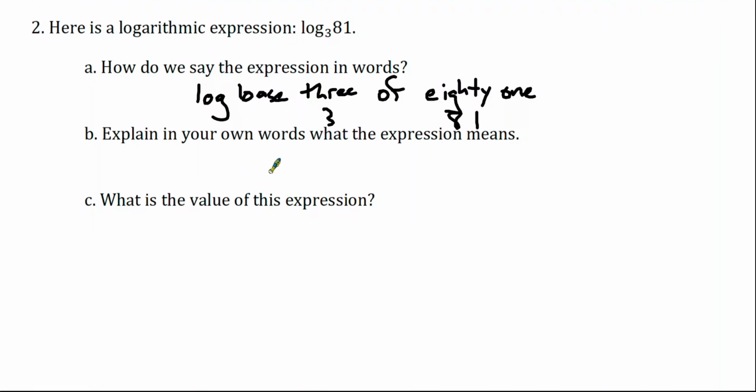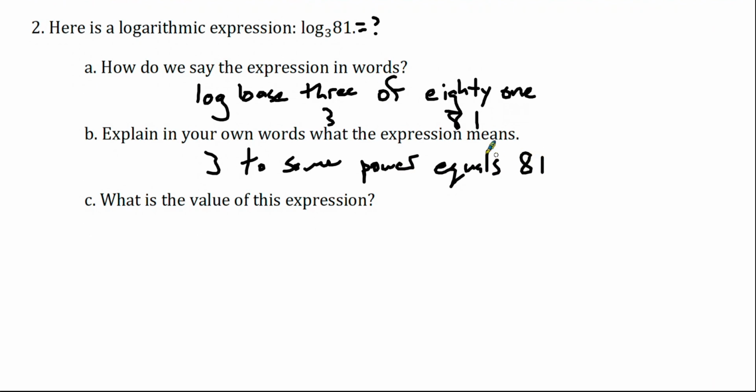Now, what this means is 3 to some power, right? If I'm thinking about what this would equal, 3 to some power equals 81. So what is the value of this expression? 3 to what power equals 81?